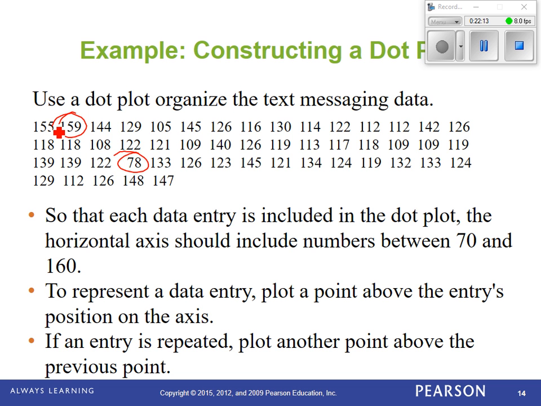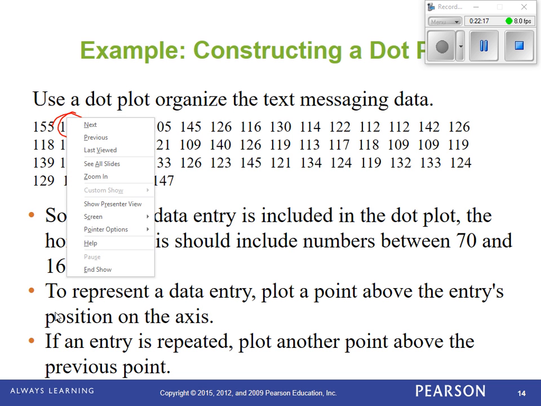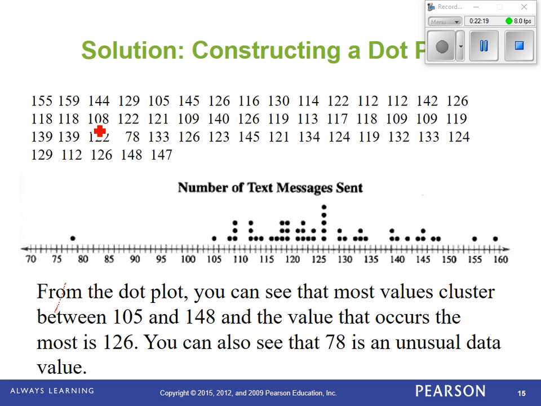So that's going to be at the ends, or towards the ends of our number line. Notice here, instead of putting all those numbers on there, they split it up into like 5s or 10s. Probably if I was doing this, I wouldn't have gone as far as they did, because I probably would have made our number line go like 70, 80, 90, 100, all the way up to 160.